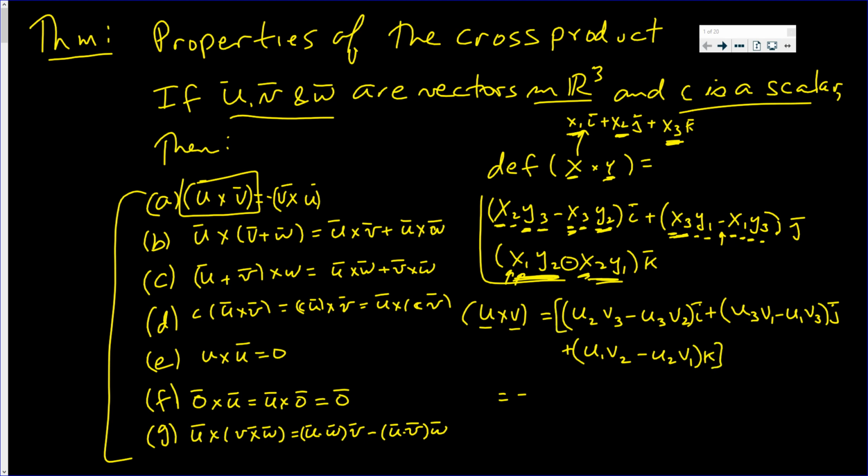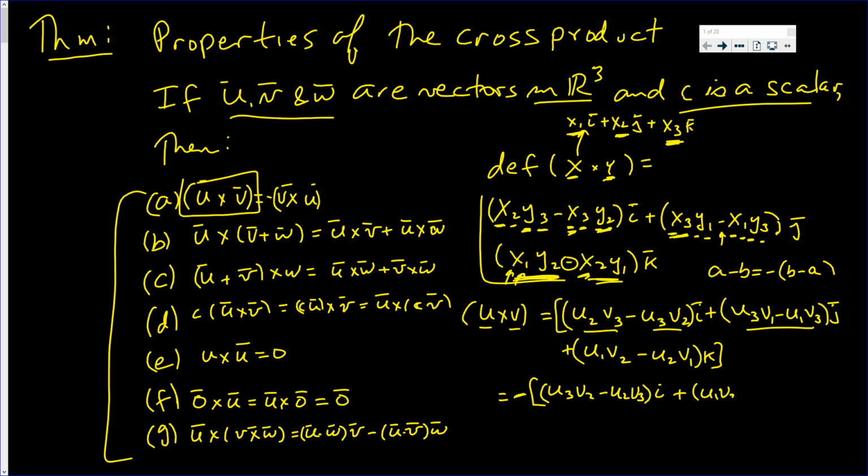Now if I factor out a minus sign, remember if you have A minus B and you want to put a minus sign in front of it, then A minus B becomes B minus A. So I'm going to switch that order. It's going to be U3V2 minus U2V3, and this is in the I direction, plus I factor out the minus from there. It is all the way in the front.